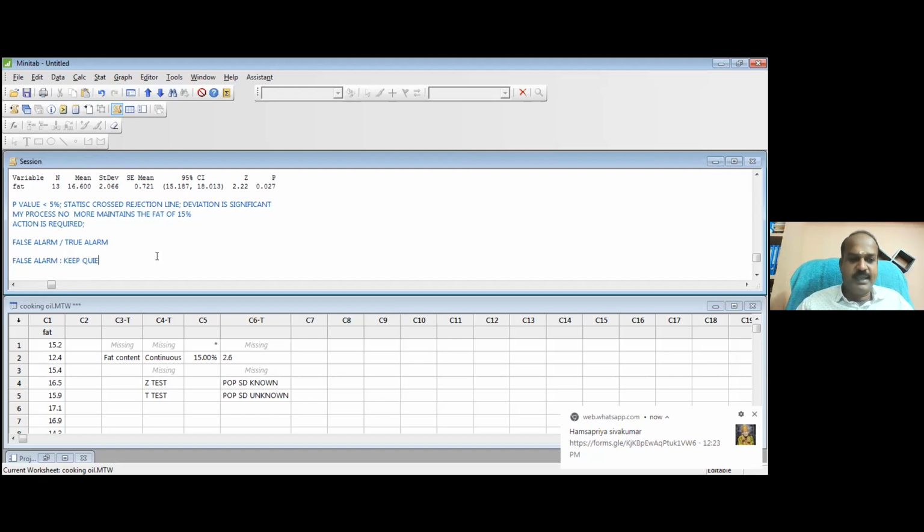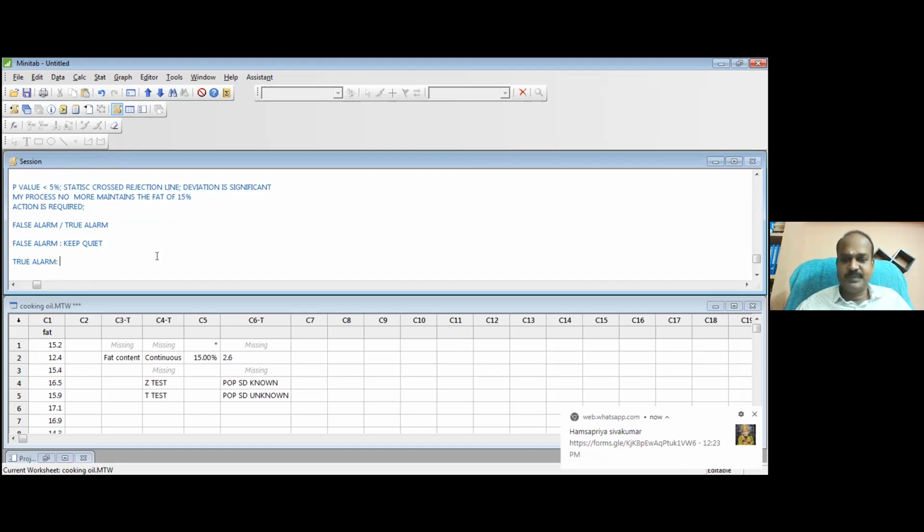We will simply keep quiet. We will not make any changes in the process. But if the data gives a true alarm, what are we supposed to do? We need to make changes in the process. Take action means we need to make changes.